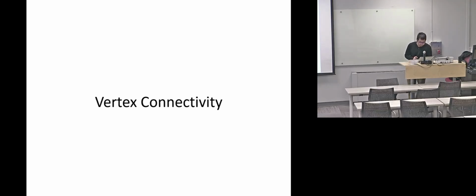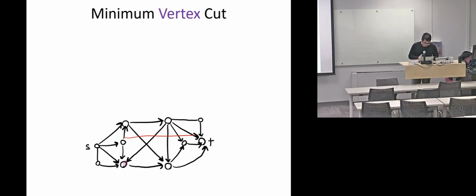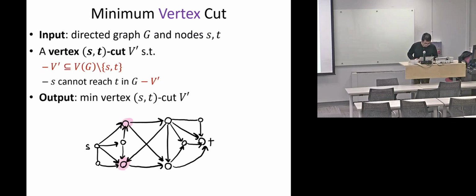It's kind of similar. So what do I mean here? You have a directed graph and two nodes S and T. Now let me talk about the concept of vertex cut.